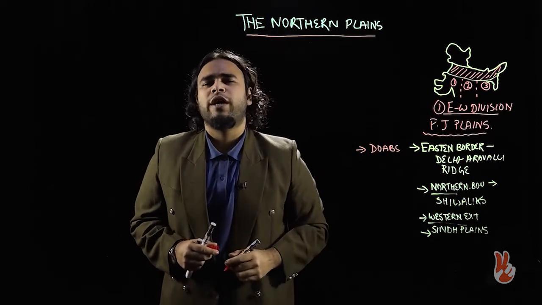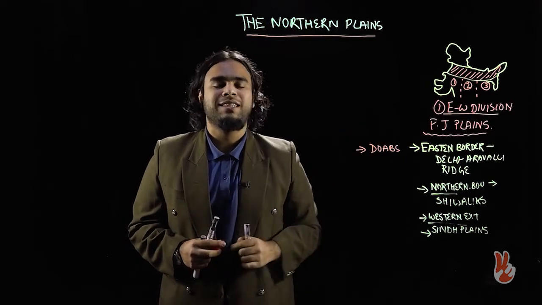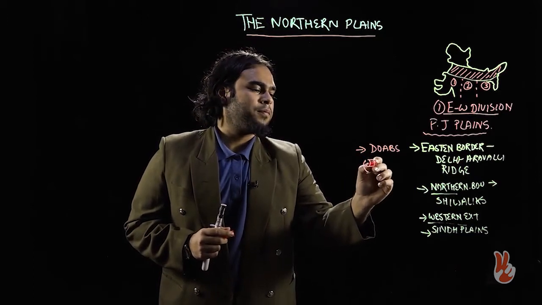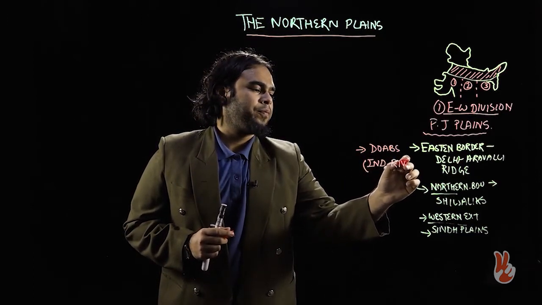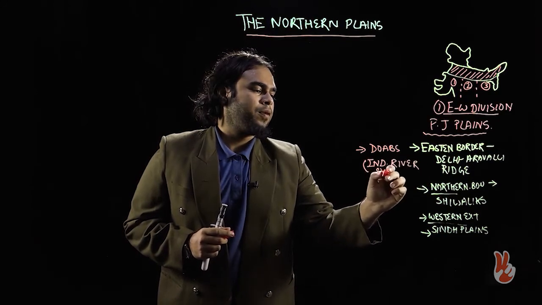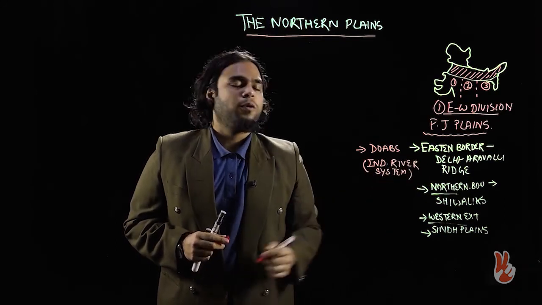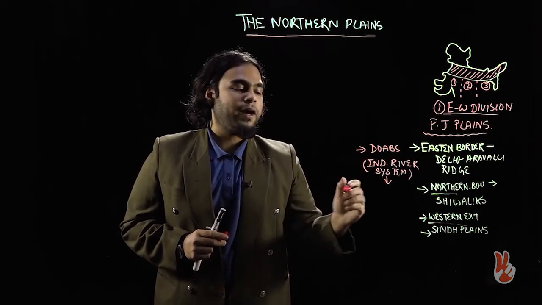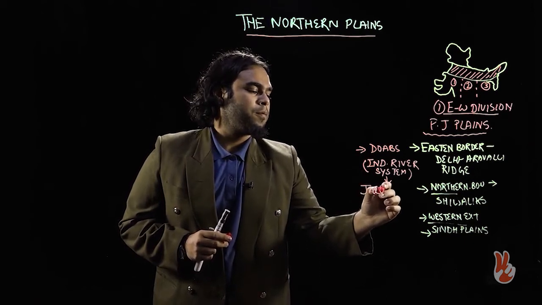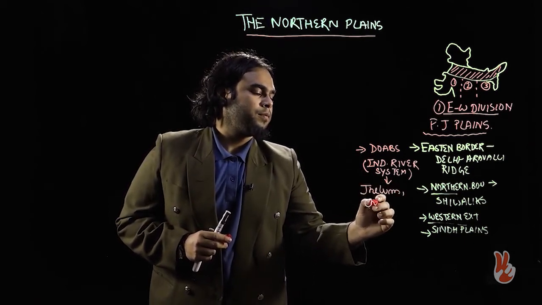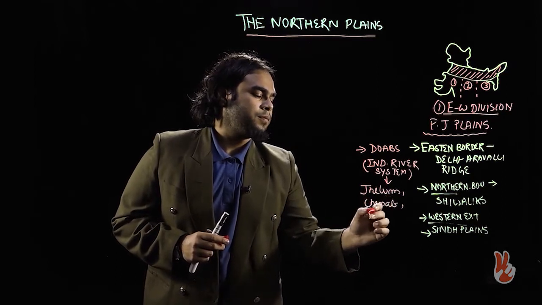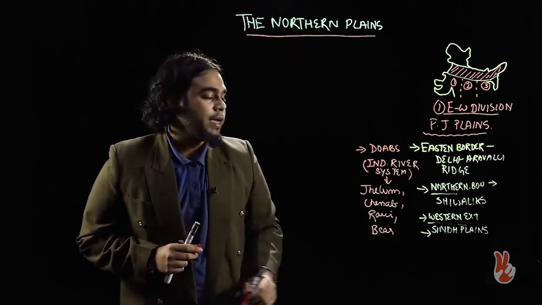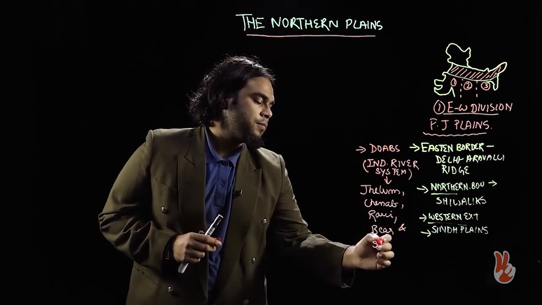Now, what are doabs? Okay, so first you have to understand that this Punjab Plain is drained by the Indus River system. By Indus River system, what I mean is that this region is drained by Jhelum, Chenab, Ravi, Beas and Sutlej.